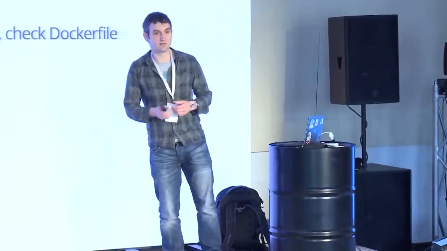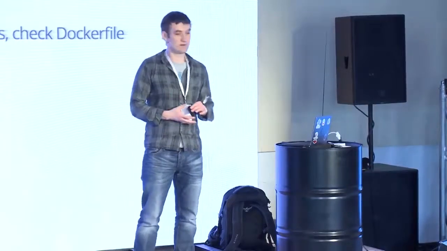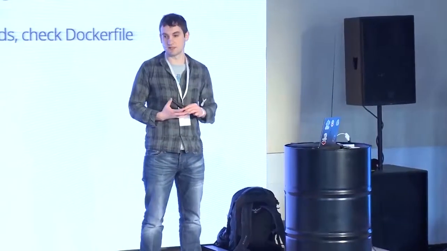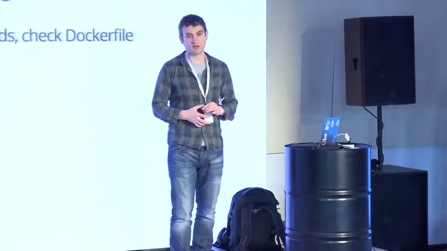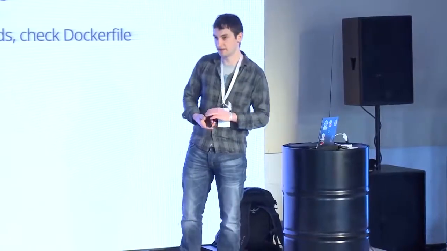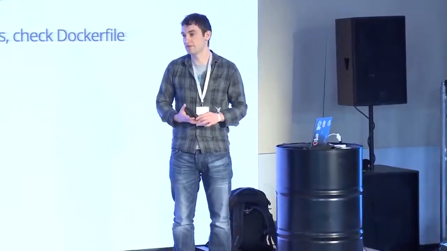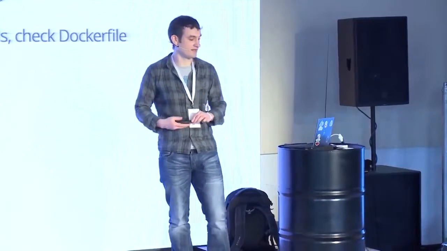Verifying images. This is going back to the idea of poisoned images. You really want to know what Docker images you're running, especially in production, and where they came from. If you're using images from the Docker Hub, like the official images, they've been vetted by Docker, so you're going to be pretty safe there.